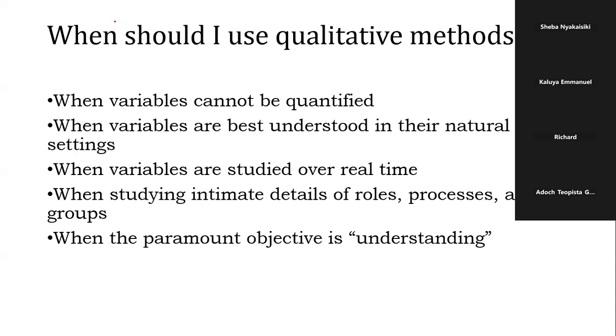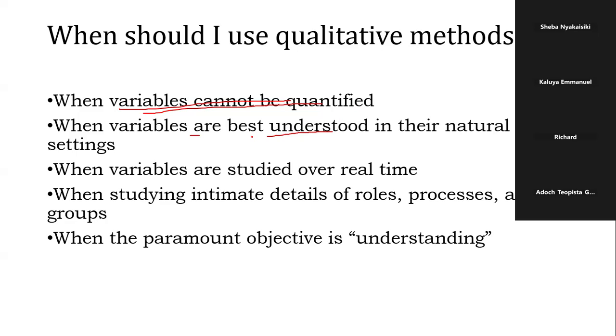So when should we use qualitative methods? When the variables cannot be quantified. The feelings and thoughts of people cannot be quantified. When there is a need to understand a variable in its natural setting. The variable could be the feelings and thoughts of participants towards a particular phenomenon. And these vary. One's experience is this, another's experience is another.